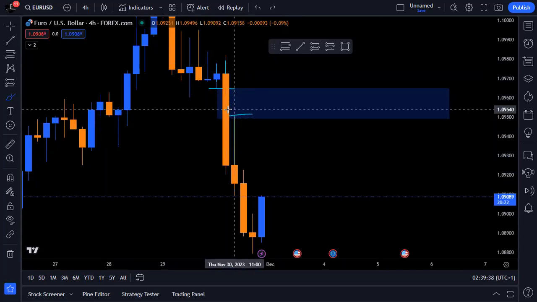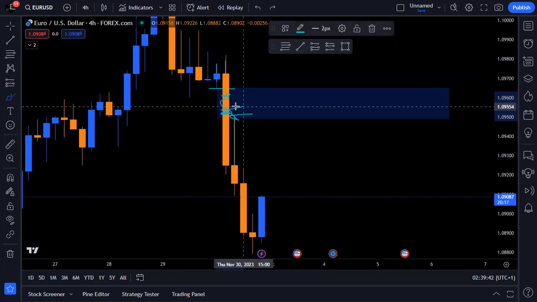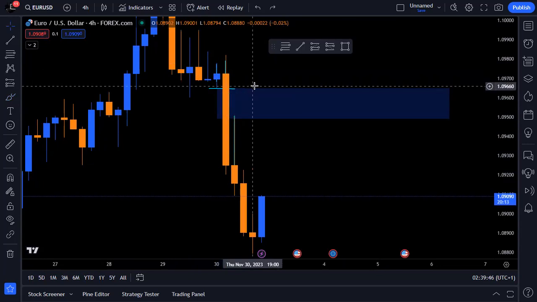Instead, it left some space right here. Now, this space that price left here is called what? An imbalance or a fair value gap.